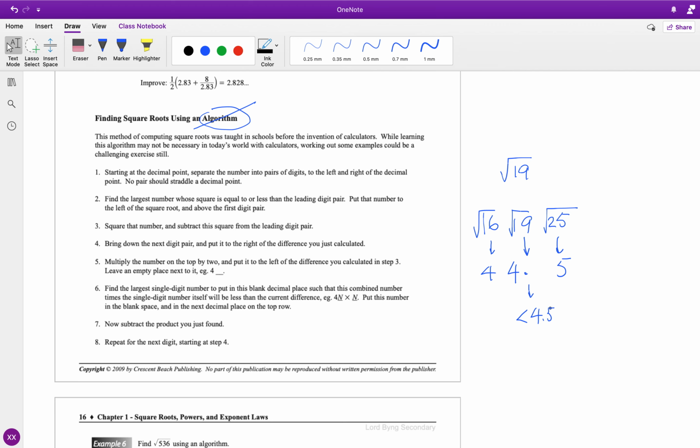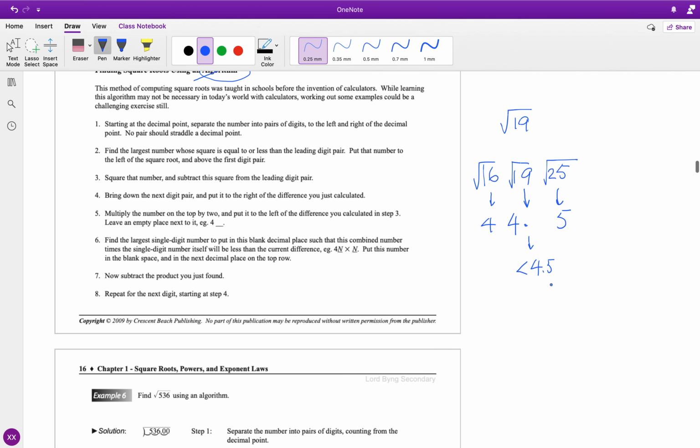I hope this makes sense to you. How can we estimate this to 1 decimal place? That's fine, we'll just do 1 decimal place. So it should be 4.1, 4.2, 4.3, or 4.4. Anyway, we know it should not be 4.5 for sure. So then what do I do?